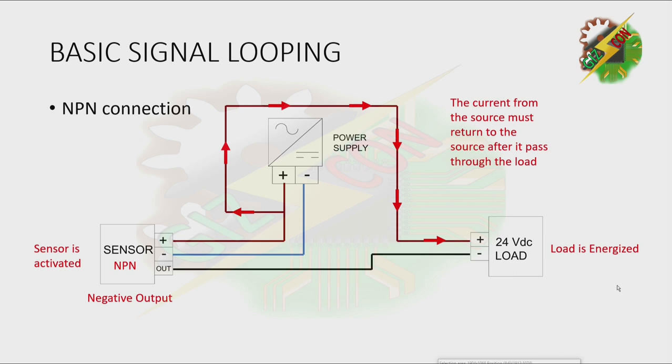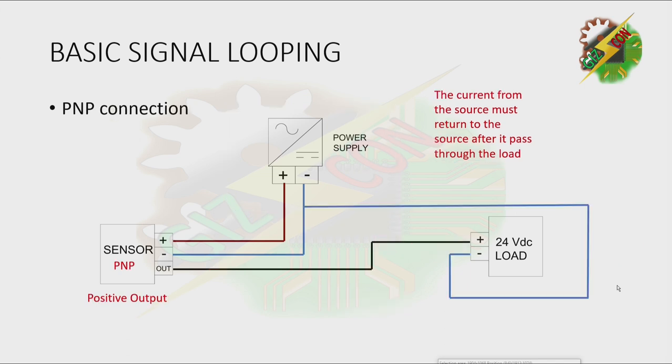The load is now energized. The current will go to the output of the sensor, and now the sensor will use its negative terminal to bring the current back to the power supply. Now the loop is complete, and that's the explanation of how this circuit works.